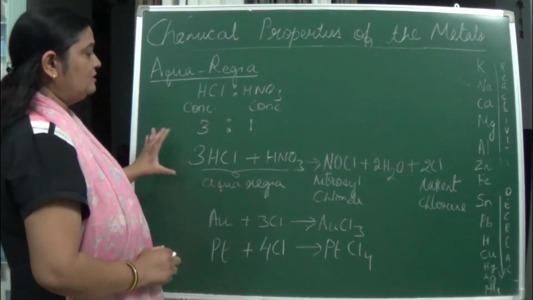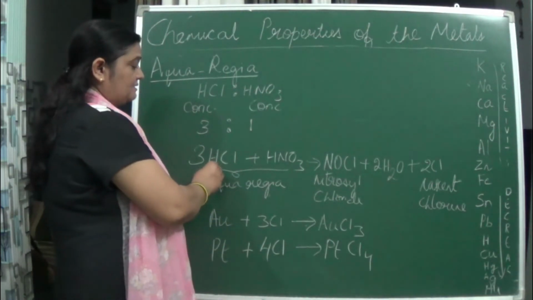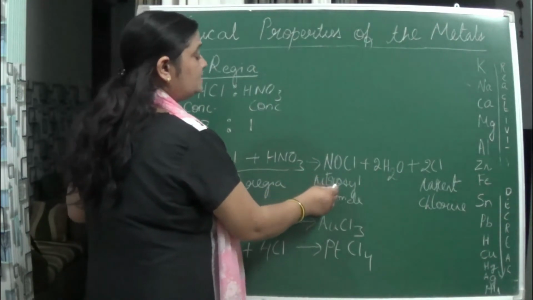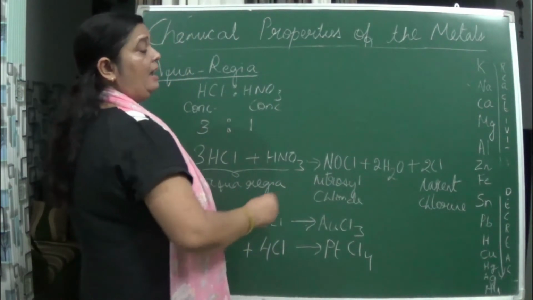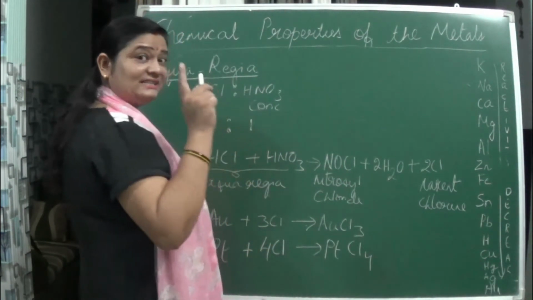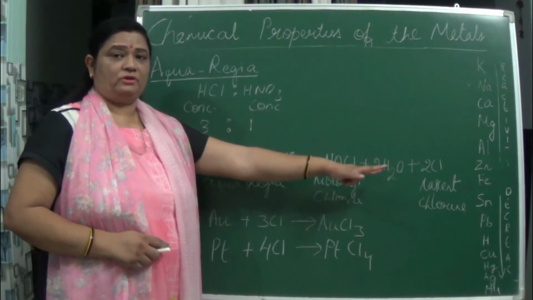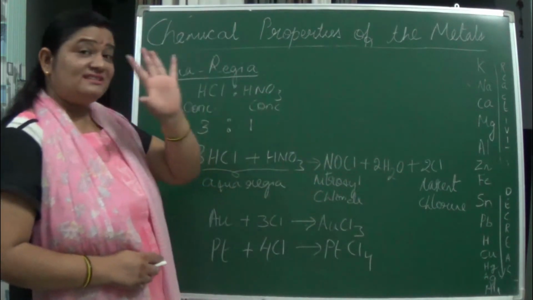When the solution is made, HCl plus HNO3 gives NOCl, nitrosyl chloride, plus water, plus nascent chlorine. You can see 2 atoms of chlorine I have written there.